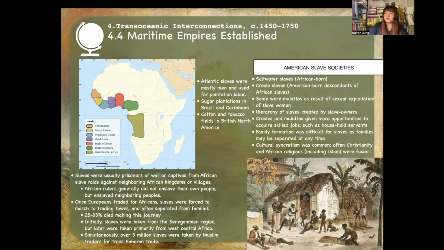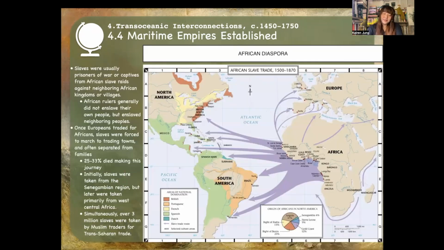Family formation was difficult for slaves. Families could be separated at any time for reasons completely unrelated to their family dynamic. Cultural syncretism was common, and often Christianity and African religions and Islam were fused together. This led to the African diaspora, the African slave trade between 1500 and 1870, as you can see.